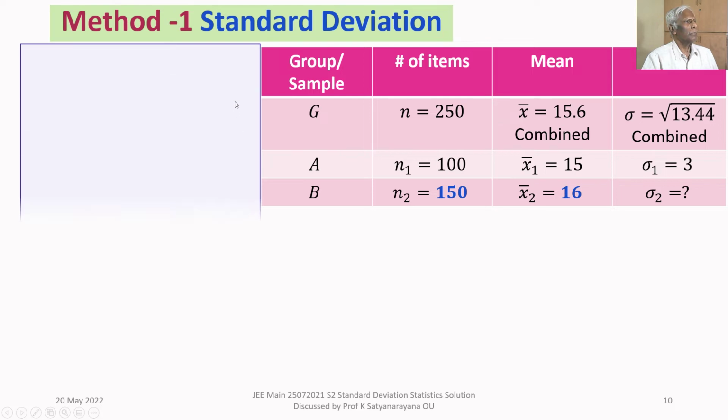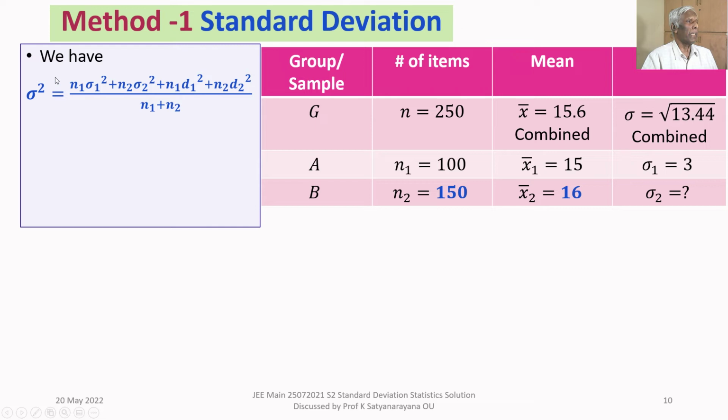And we use now, we have sigma square, that is the combined variance, is equal to n1 sigma 1 square, the variance of A, plus n2 sigma 2 square, sigma 2 square is variance of B, plus n1 d1 square plus n2 d2 square by n1 plus n2, where d1 is x1 bar, the mean of A, minus x bar, the combined mean, and d2 is equal to x2 bar minus x bar.